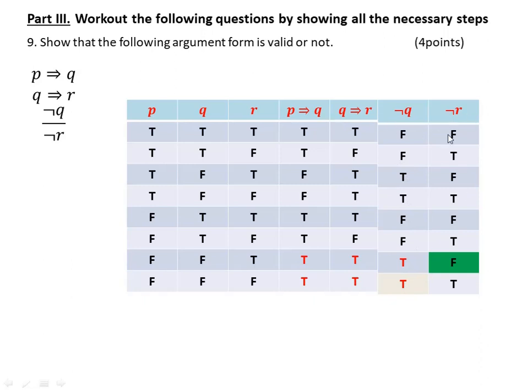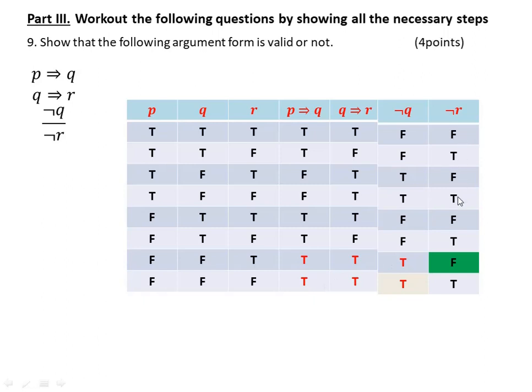Then negation R has truth values false, true, false, true, false, true, false, true. So here only those premises P implies Q, Q implies R, negation Q are true on rows 7 and 8. Now let us check the conclusion corresponding to the premises in row 7 and row 8.